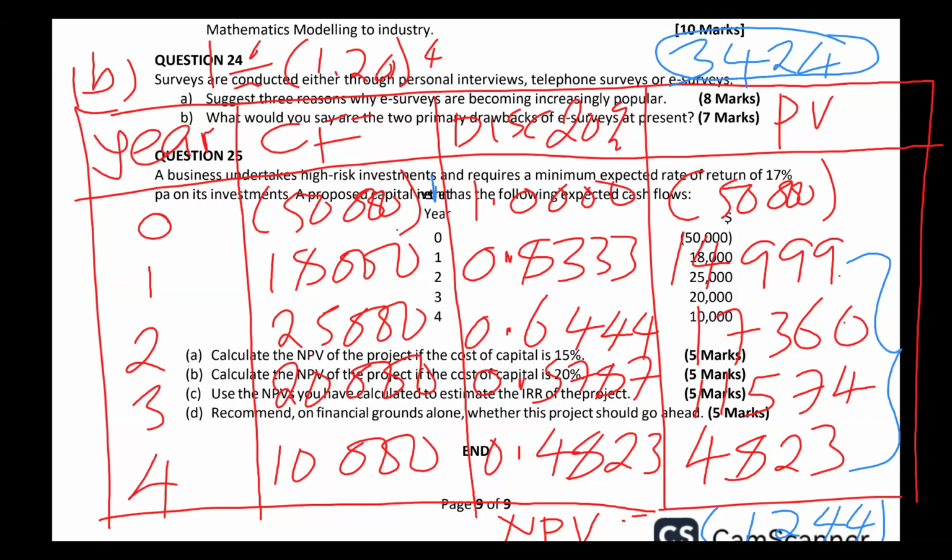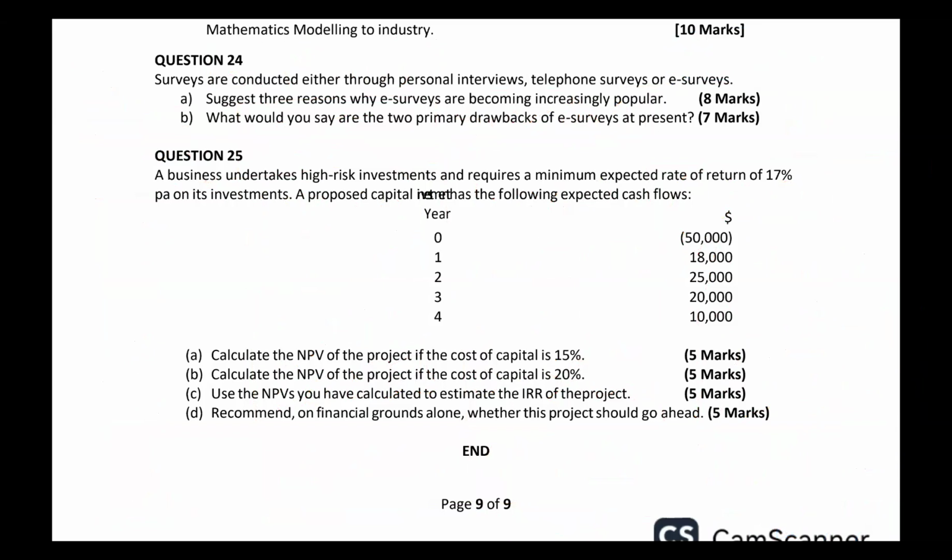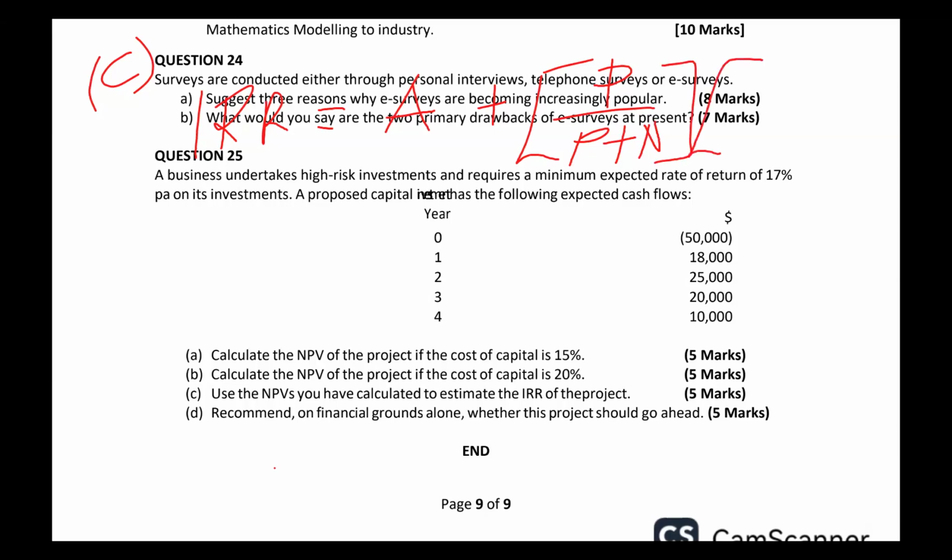That's our B. Let's go to C. So now, to find IRR, listen, we're on question C. IRR is given as follows: A, capital A, plus positive NPV over positive NPV plus negative NPV, right? All this multiplied by higher rate minus lower rate. Then you understand what I mean, don't worry.